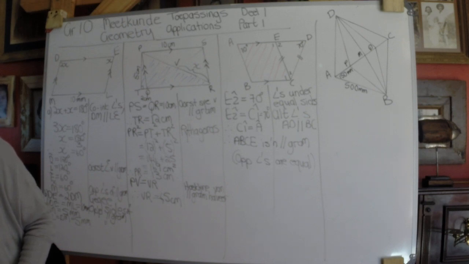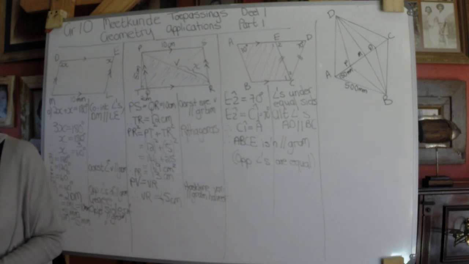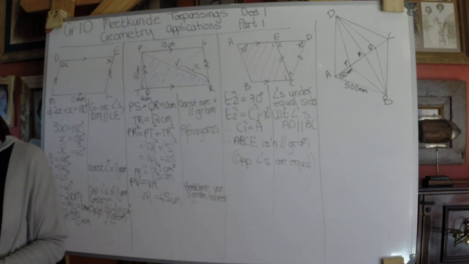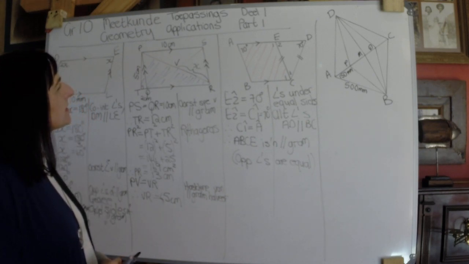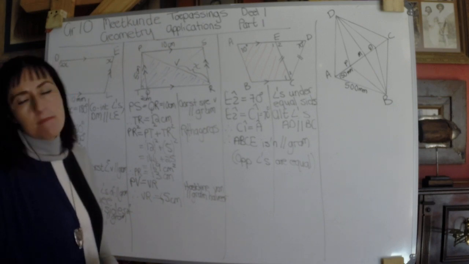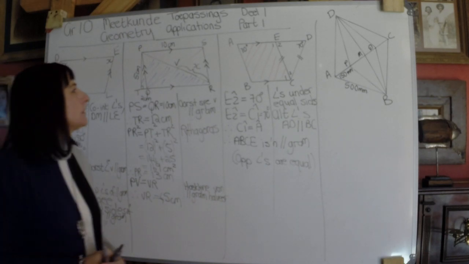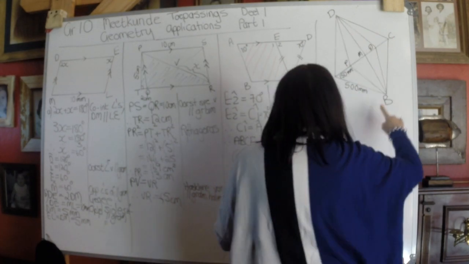Goed. Laaste bewysie wat ons gaan doen. Let's just quickly look at that. We've got diagonals AC and DB.